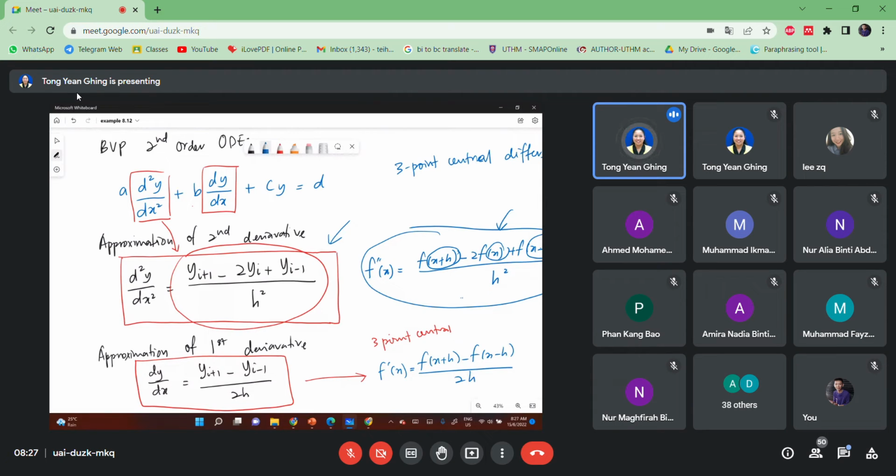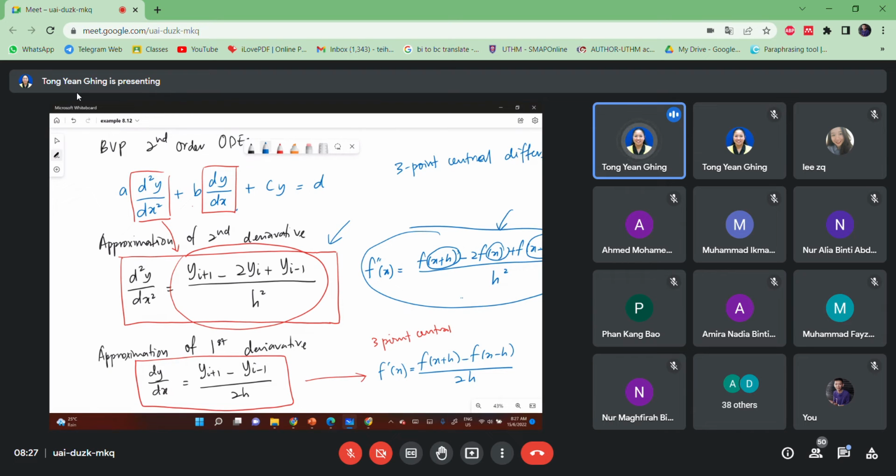So you just refer to this if you do not remember, because we have the point before and then after. So these two you have to remember. Now we just have to change dy/dx and also the second derivative into this finite difference form.